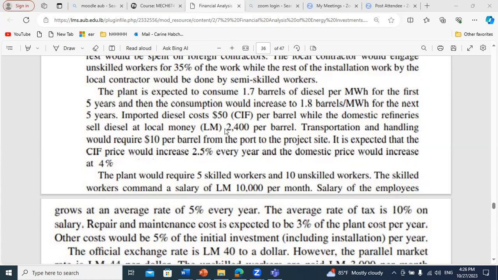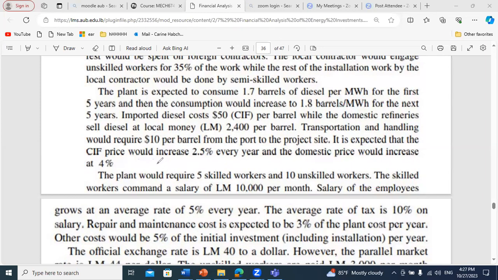If we want to consider first the financial value, we should consider the market rate of increase, because whenever we talk about financial values, they will be affected by market values. Since diesel is a domestic product, it would increase at the rate of the market, which is given to be 4%.